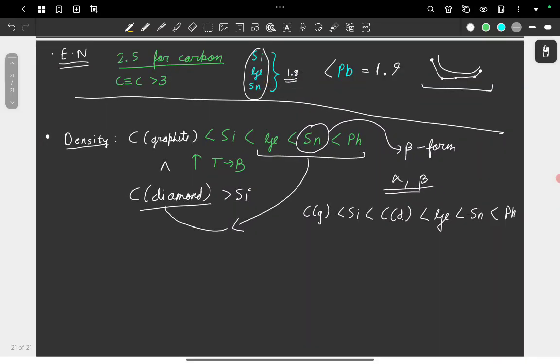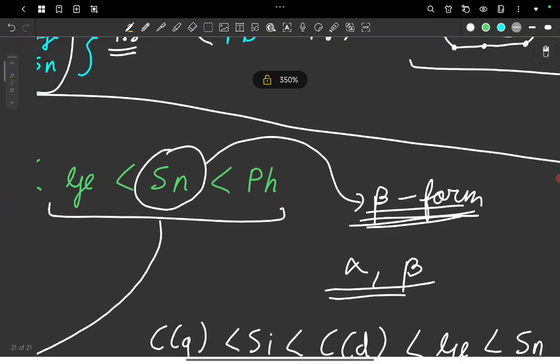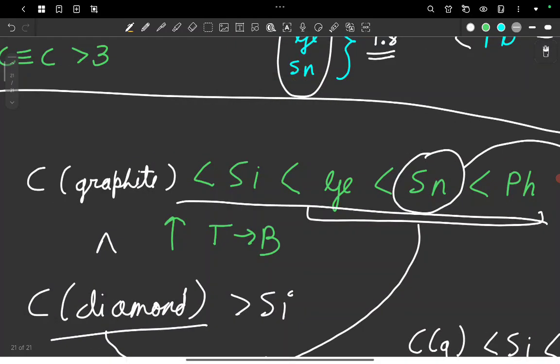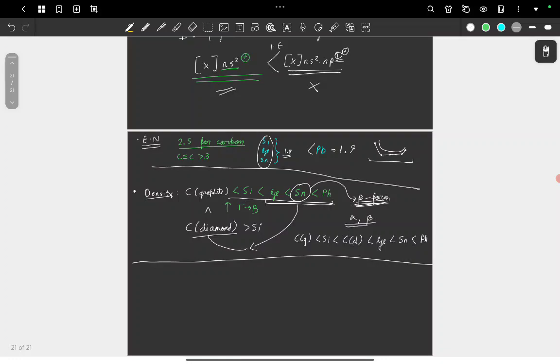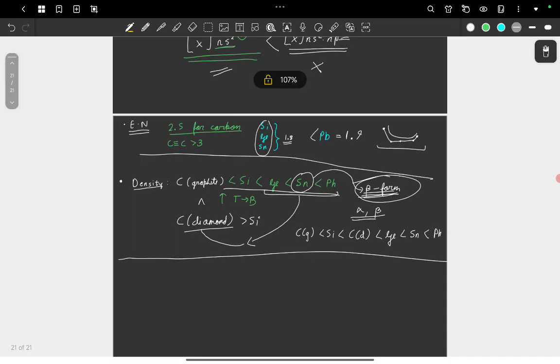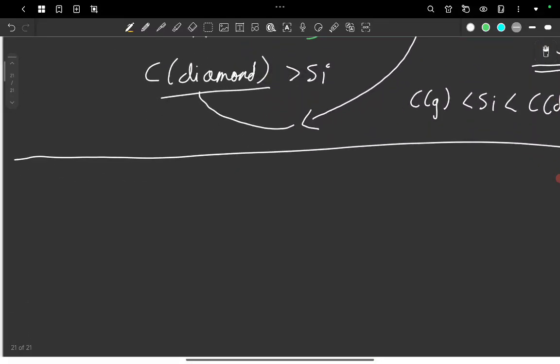Did you forget I am a student just like you? But yeah, that's it. I am telling this because what if they ask us in mains what form of tin is following this order of density? So if they ask you, you have to take beta. Now we are done with the trends of group 14.